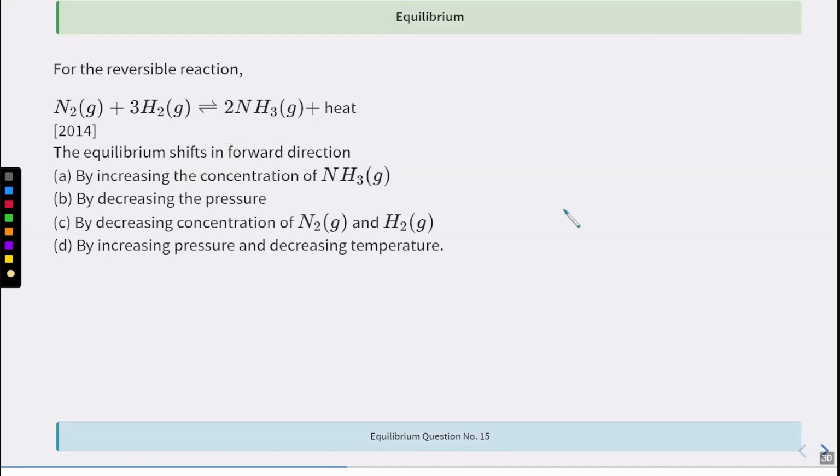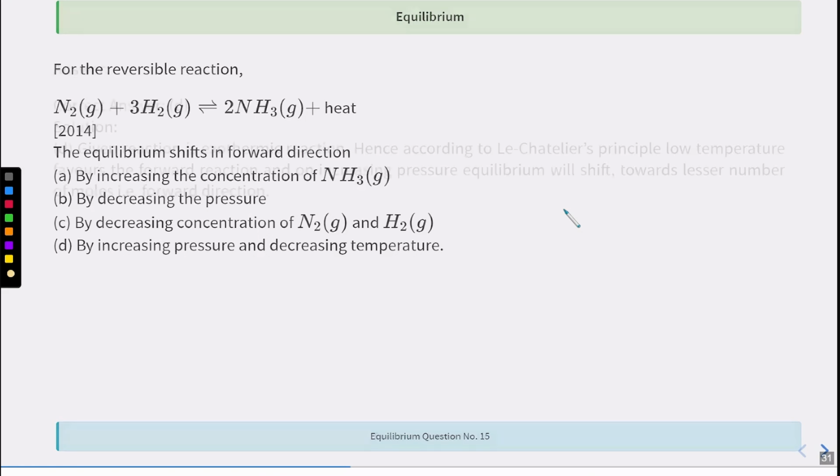Next, question number 15. For a reversible reaction, N2 plus 3H2 gives 2NH3 and some amount of heat. The equilibrium will shift in the forward direction if we increase the concentration of NH3, if we decrease the pressure, if we decrease the concentration of anything, or by increasing pressure and decreasing temperature.